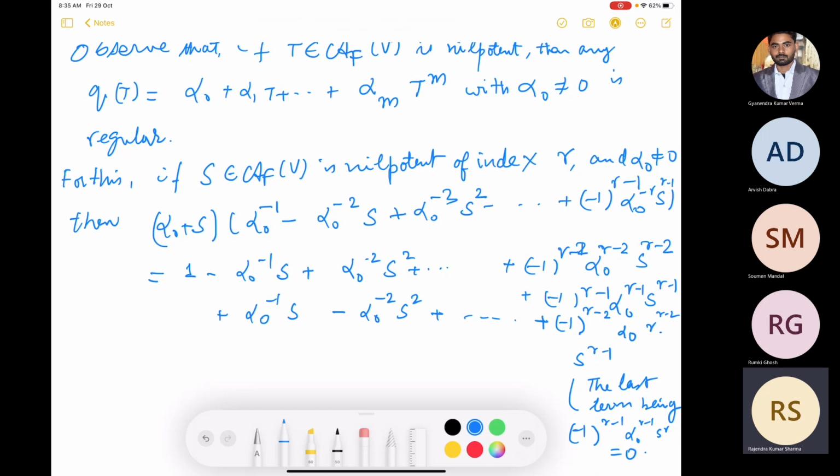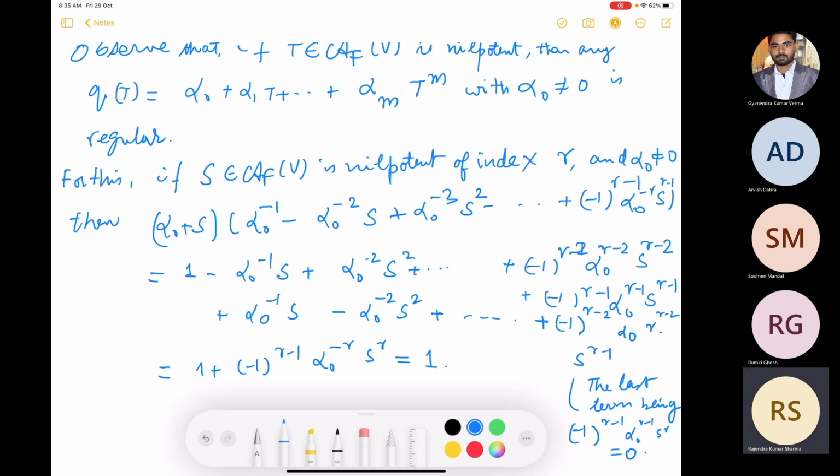So you can say that there are plus and minus alternately. The first term will stay and all other terms will cancel with each other. The last term becomes 0 because of this S to the power r. This becomes 1 plus minus 1 to the power r minus 1 alpha_0 to the power minus r S to the power r, and this term is 0.